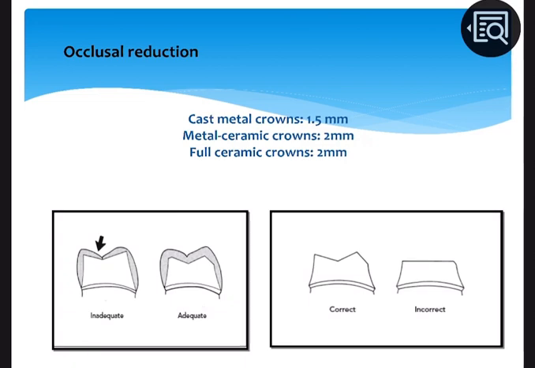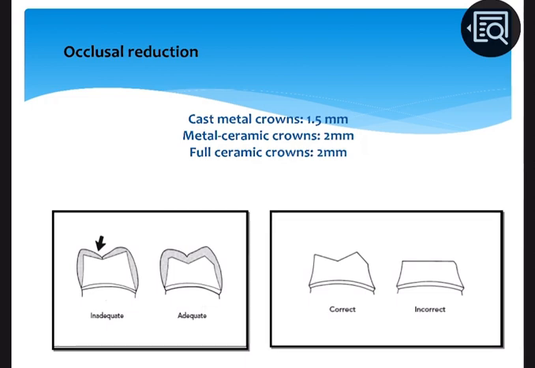And in the second picture where it is written incorrect, you see the occlusal surface during preparation is made flat. If you make a flat occlusal surface, it will not provide structural durability. So we will provide adequate occlusal reduction. Adequate occlusal reduction means that we have to reduce within the limits. Okay, we do not over reduce it.